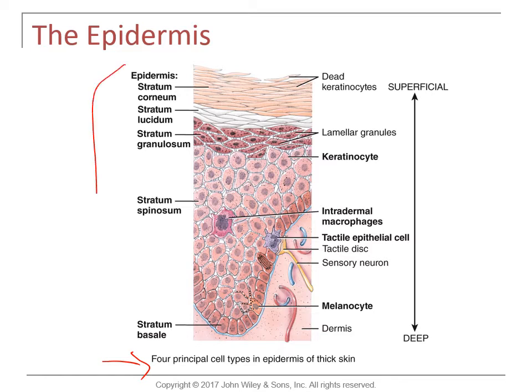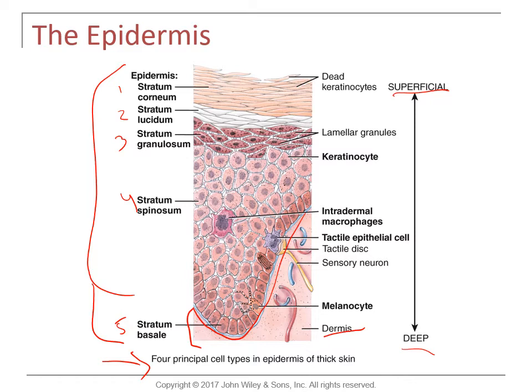And then we have the stratum corneum, the stratum lucidum, the stratum granulosum, the stratum spinosum, and down here the stratum basale. That's the epidermis, and this part here is the dermis. So this goes from superficial to deep: the epidermis is superficial, and the dermis is deeper, right?